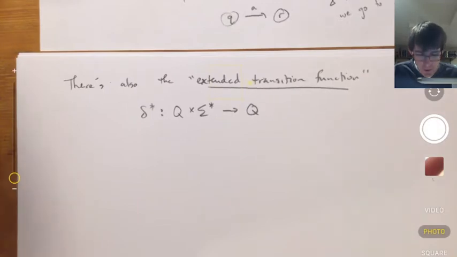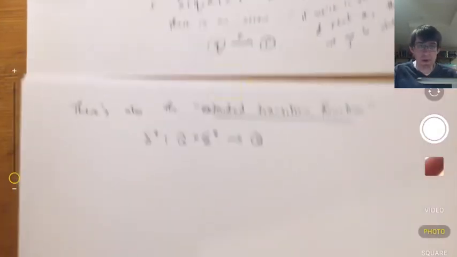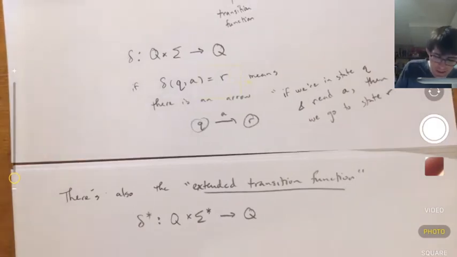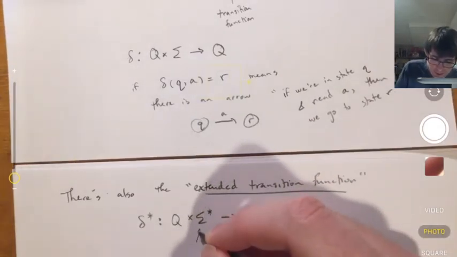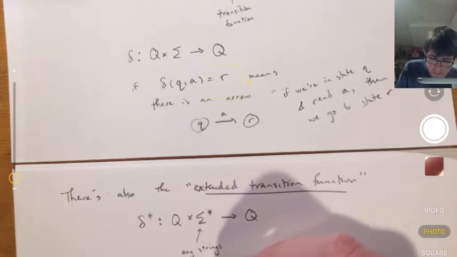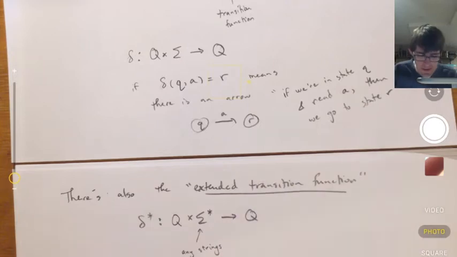Remember the other one, its domain was Q cross sigma, right? That was the other one. The difference here is that this part consists of any strings, not just a single letter.